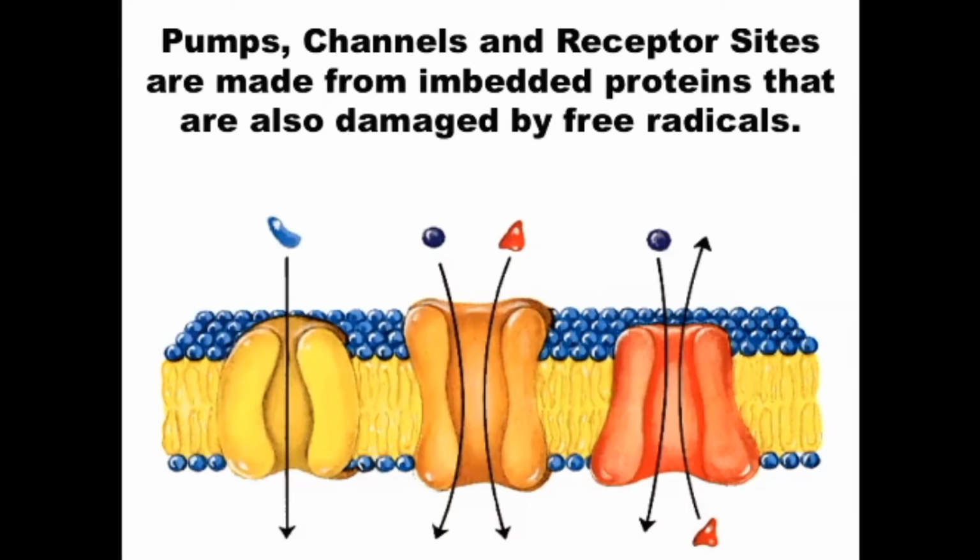You're not getting enough building blocks to produce protein. You're not getting enough minerals into the cell. See, this goes back to that Dr. Rao thing. If you could get enough minerals into the cell, well, when these receptors and channels and pumps are damaged, you're not getting enough in. So when you remove the oxidation, now you can get enough minerals into the cell.